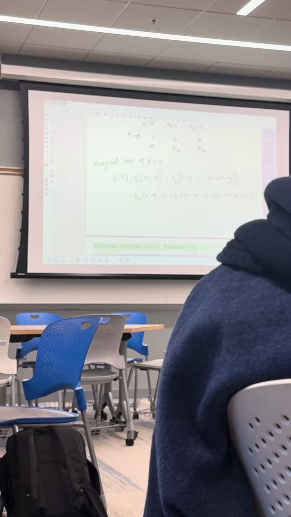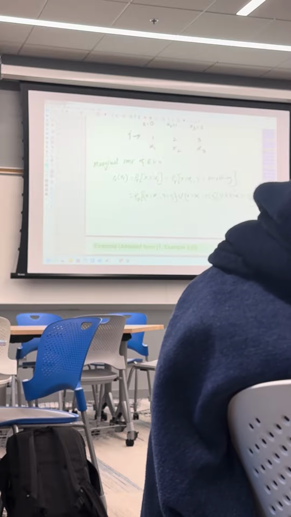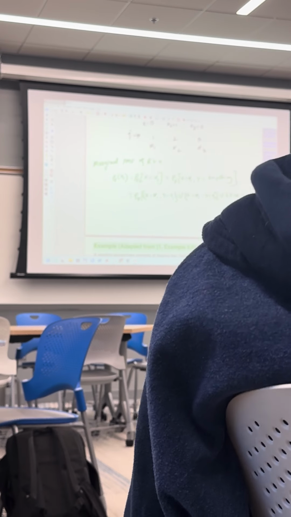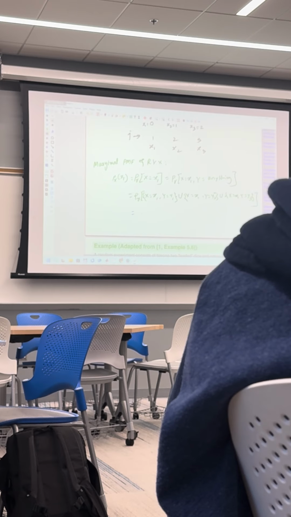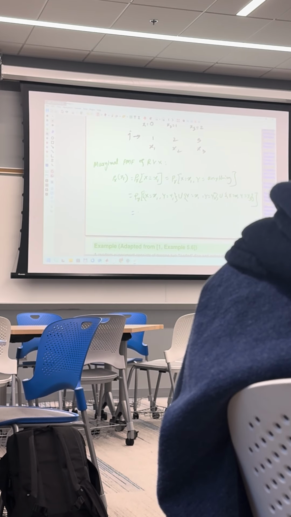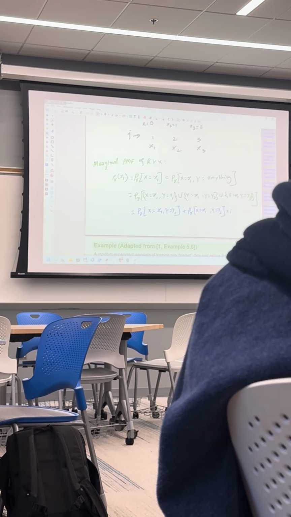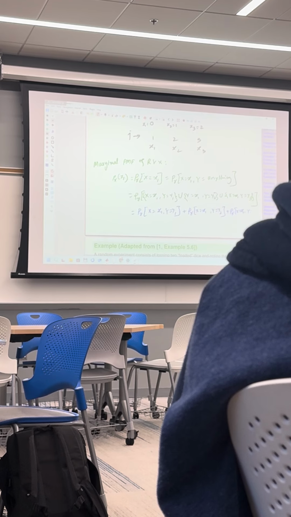So now each of these is basically a joint PMF. So you can write, because these are disjoint, probability that x equals x1, comma, y equals y1, plus probability that x equals x1, comma, y equals y2, plus probability that x equals x1, comma, y equals y3.